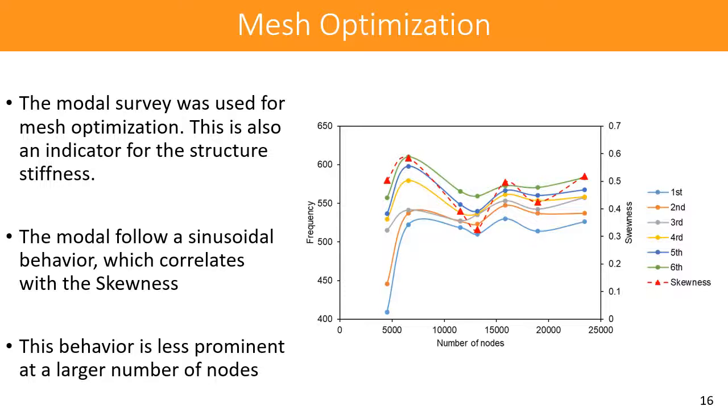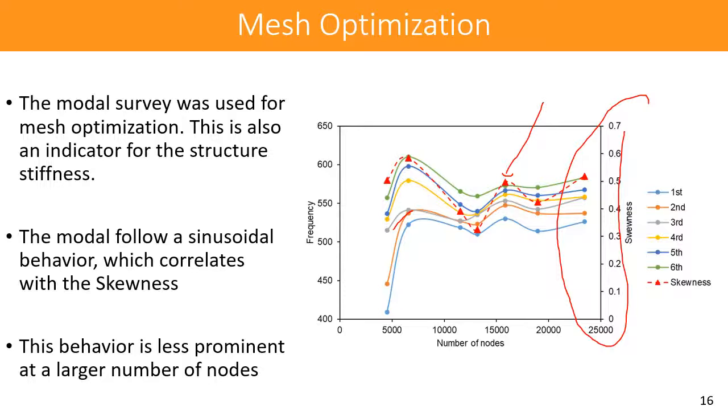Interestingly, you can see that there is some sort of sinusoidal function, and it correlates with the maximum skewness, which is plotted here. This is the axis for skewness, and it's shown in red. So you can see on the bottom is the first mode, and then it goes to the second mode, third, fourth, fifth, sixth.